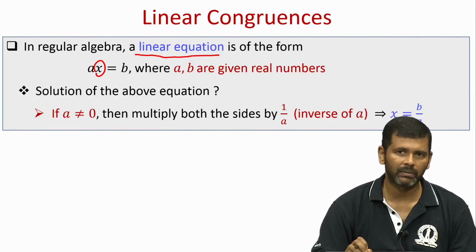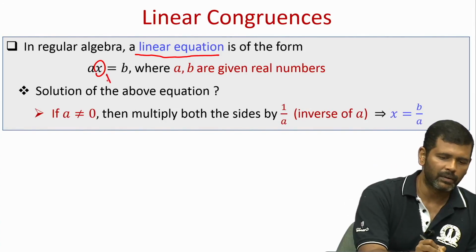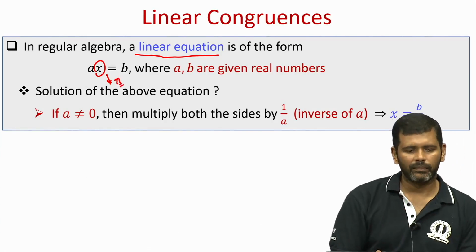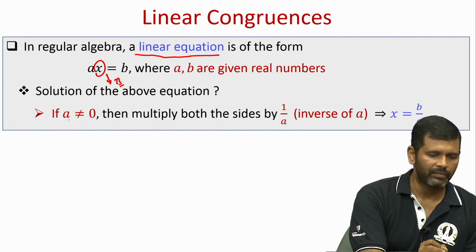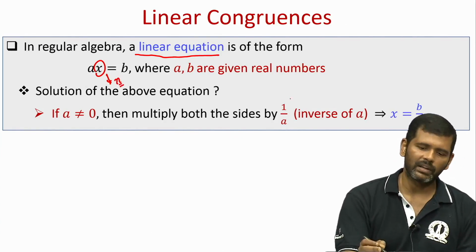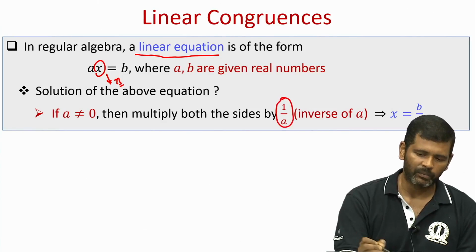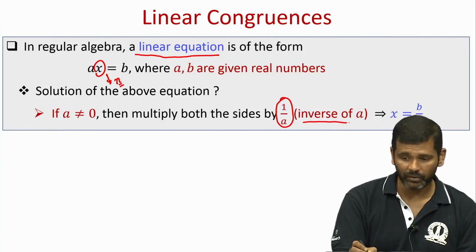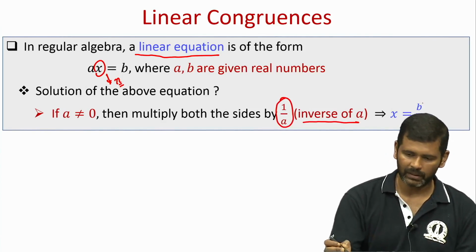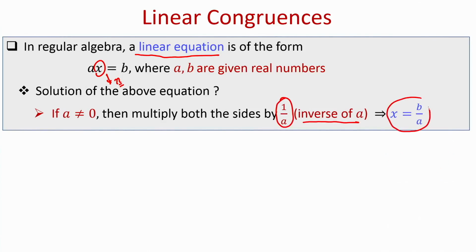By solution of the above equation I mean to find out the value of this unknown x, and if we know that the value of a is not 0, then I can say that if you multiply both the sides by 1 over a, and 1 over a is considered as the inverse of a in your regular algebra, then I say that x is equal to b over a. So, that is the solution for your linear equation here.